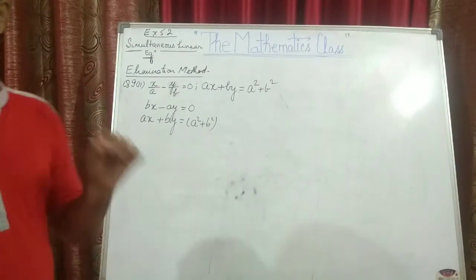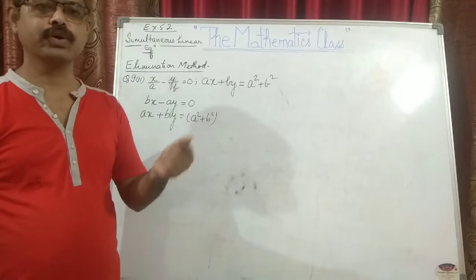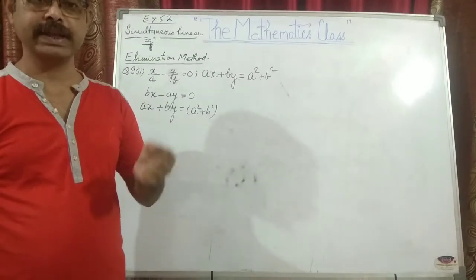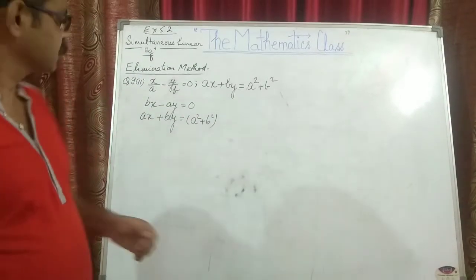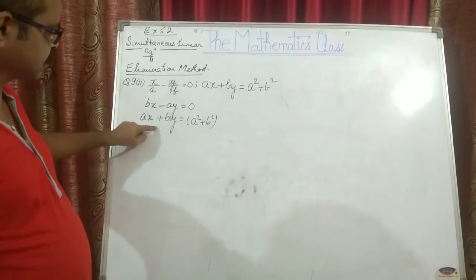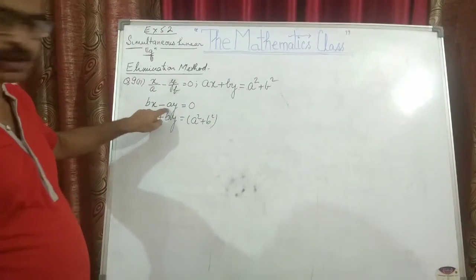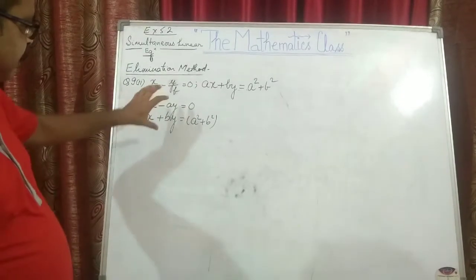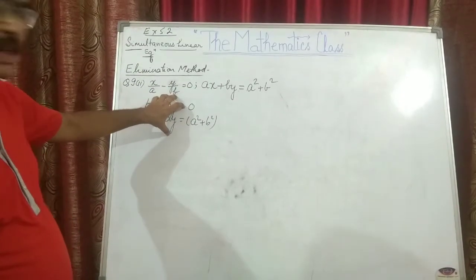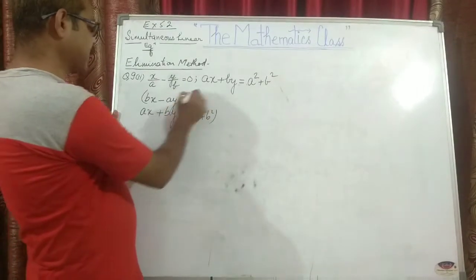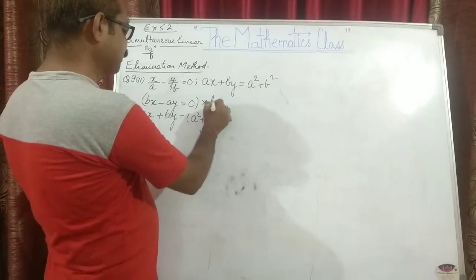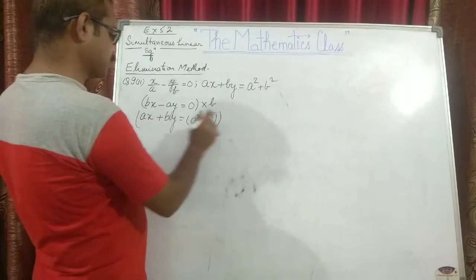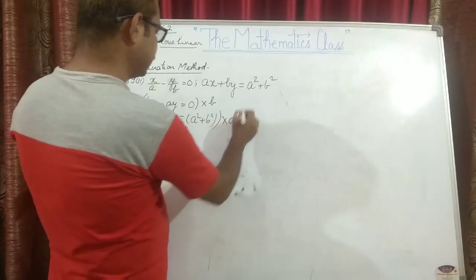In elimination, we need to make the coefficients of any one variable equal. So here you can see minus and plus. So if we multiply the first equation by b and the second equation by a, we can make the coefficient of y's equal. So multiplying this equation by b and this equation by a, what do we get?